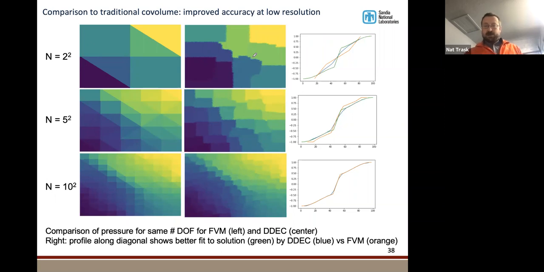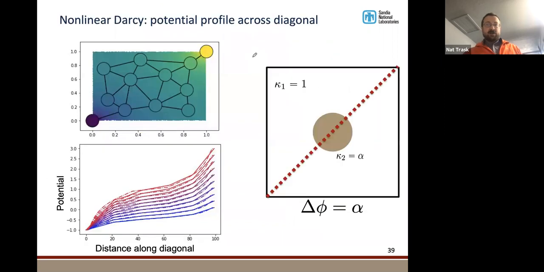I'm a little tight for time, so I'm not going to go through the details of these. This is a similar problem, with a point source and point sink at the bottom left and top right corner. You have some inclusion where the material coefficient is kappa 2, and kappa 1 in the bulk is equal to 1.